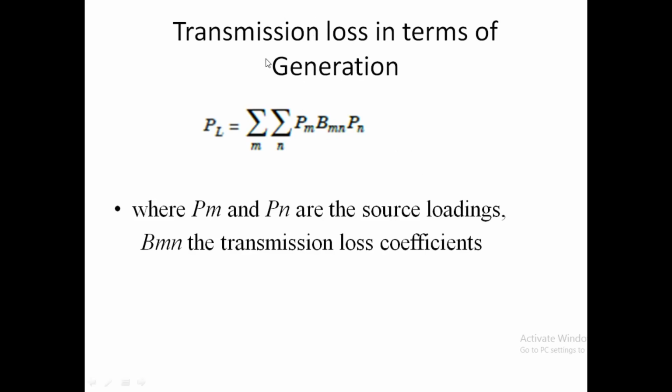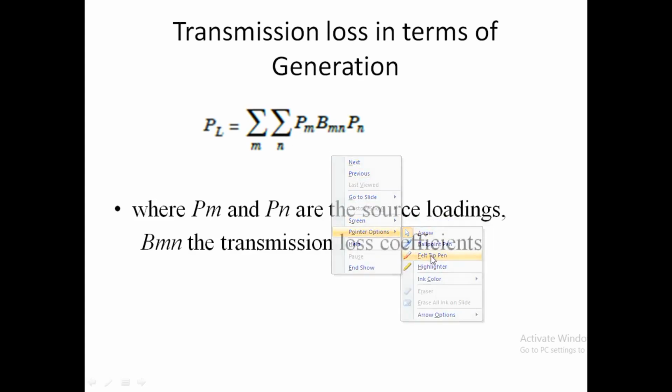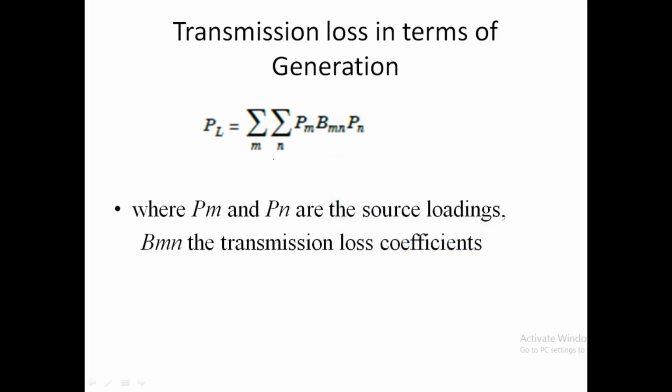So consider the transmission loss in terms of the generation. Here we can see the equation PL equal to sigma m sigma n PM BMN into PN, where PM and PN are the source loadings. That means generation at each bus, and BMN is the transmission loss coefficient.